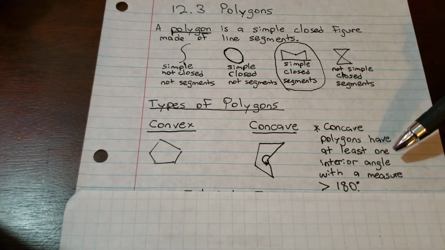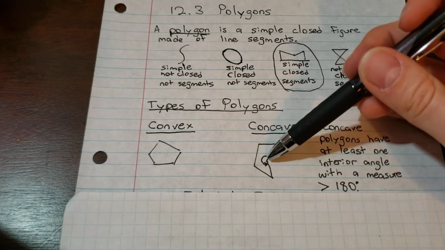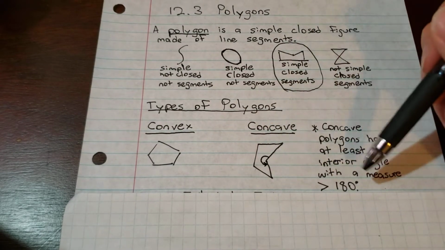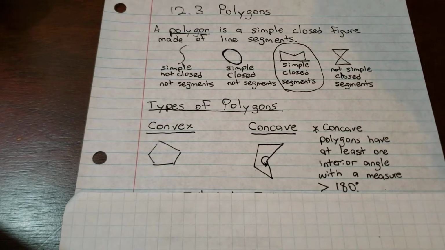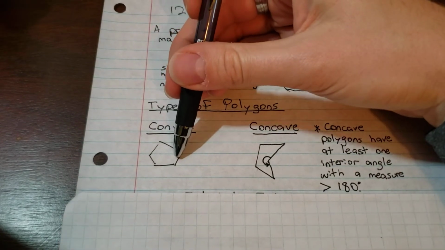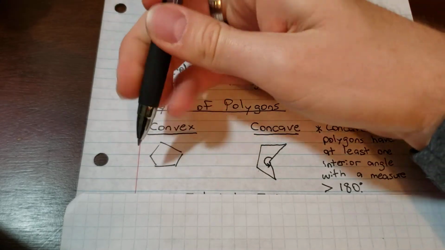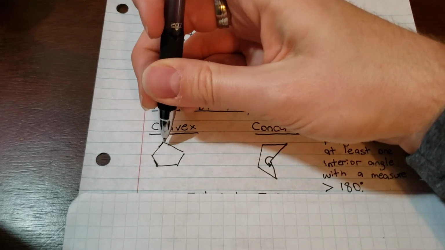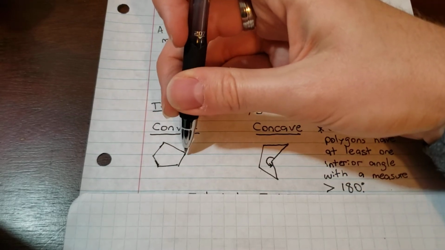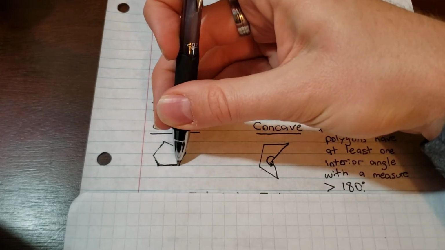Concave polygons have at least one interior angle, so that's this guy. It's an angle inside that has a measure greater than 180 degrees. All of these interior angles, 1, 2, 3, 4, 5, do not have a measure greater than 180 degrees.